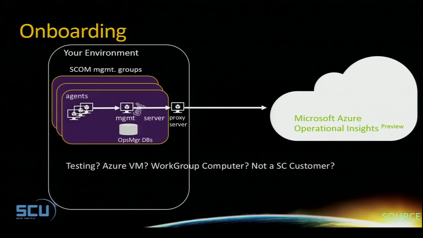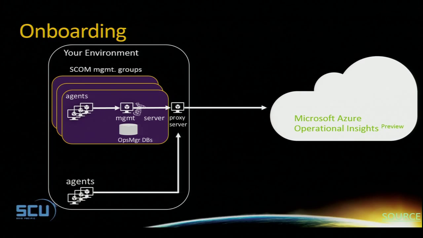Or if you're testing, if you have a single computer, or if you're not even a System Center customer, you can connect a single server. That would be here. You can download the agent, the MMA, from Operational Insights. There's a download section. You get an ID and a security key, the certificate, and you can build this communication between an agent and Azure Ops Insight directly.